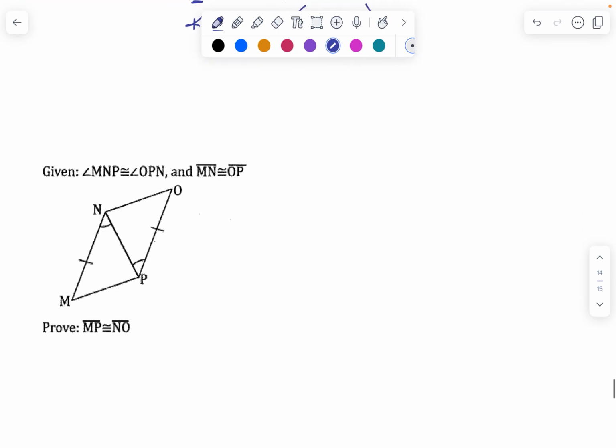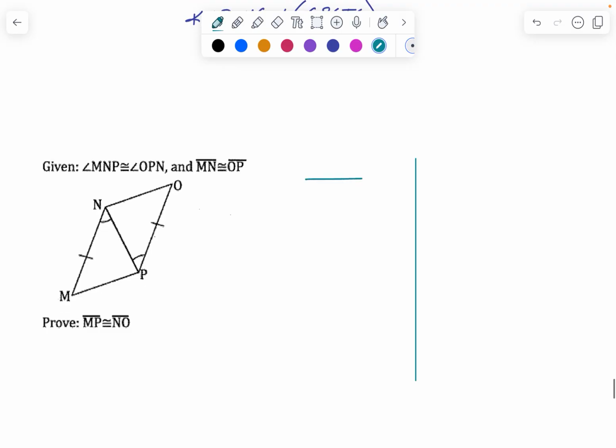All right, so now all of our proofs are going to involve CPCTC. That is, we're going to need to prove the triangles are congruent first, then we can talk about the corresponding parts. So we've got angle MNP congruent to angle OPN, and we have MN congruent to OP.